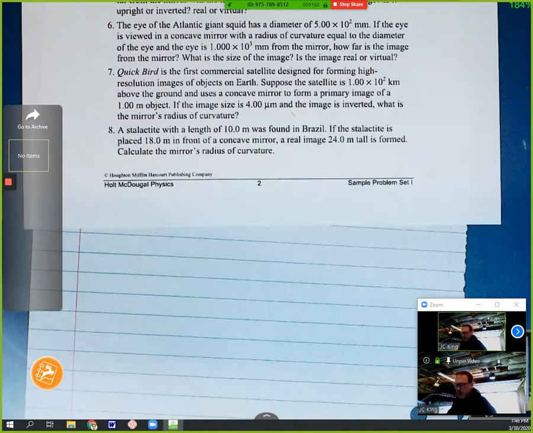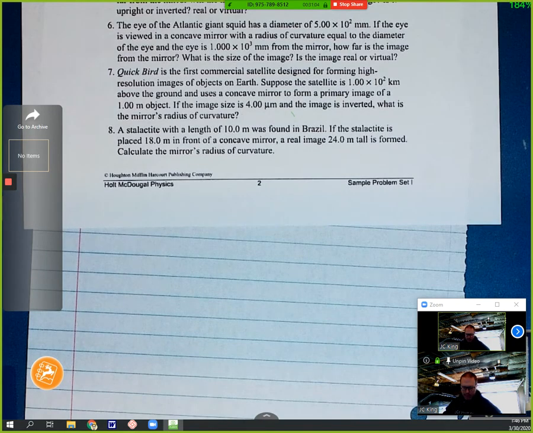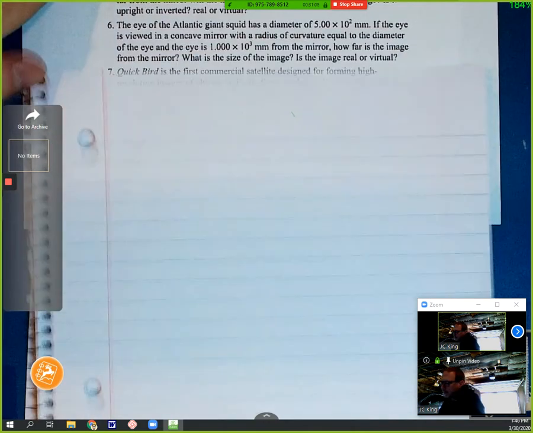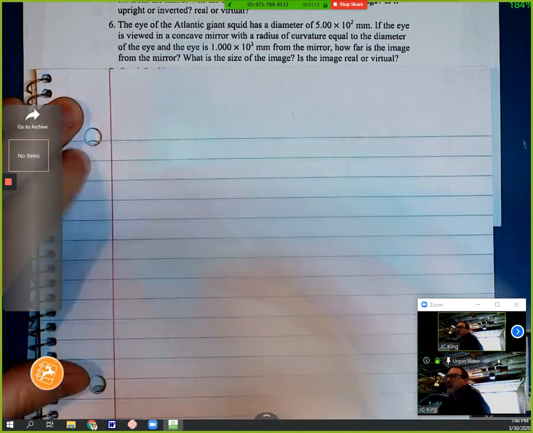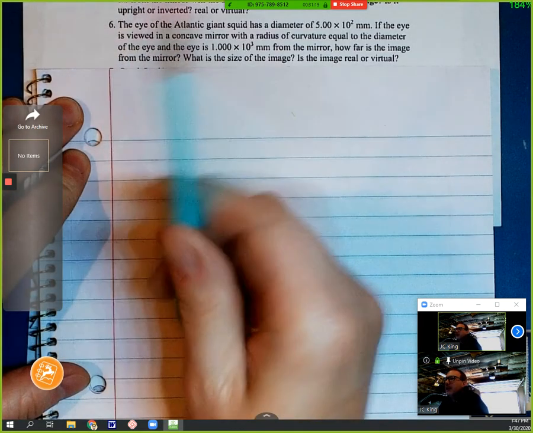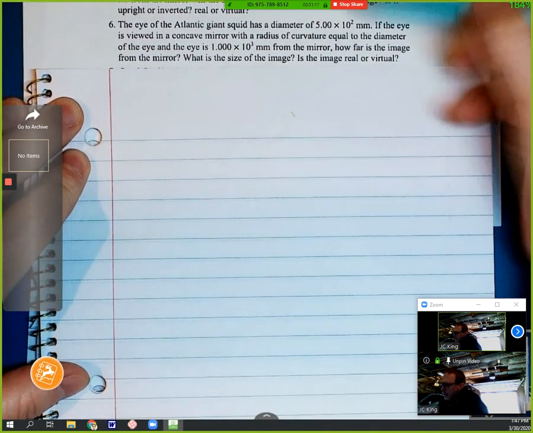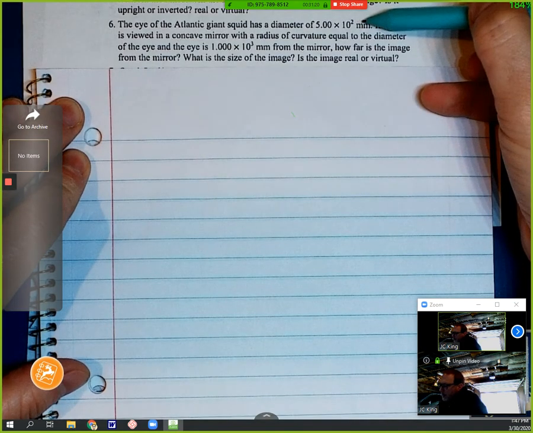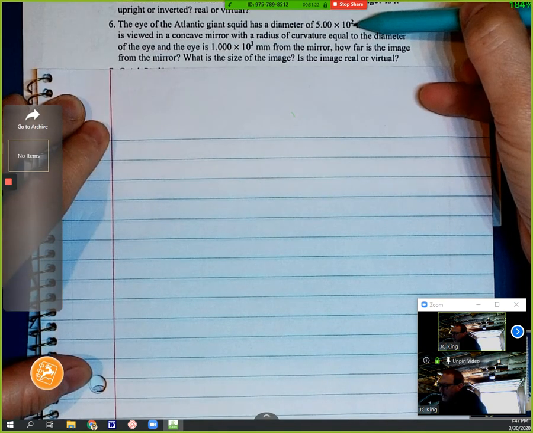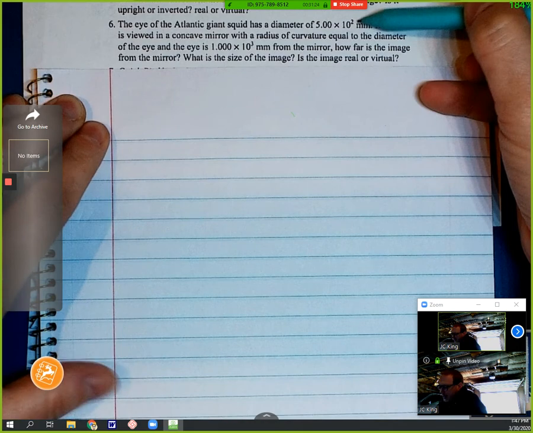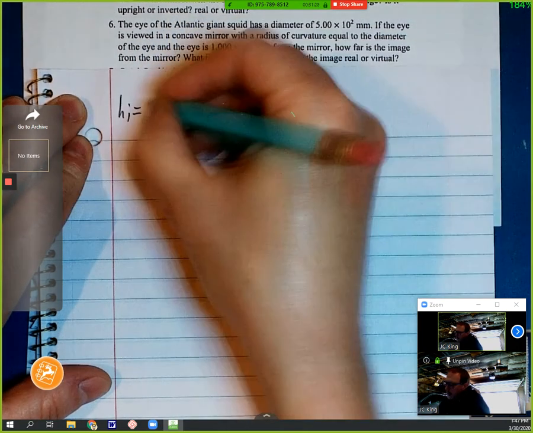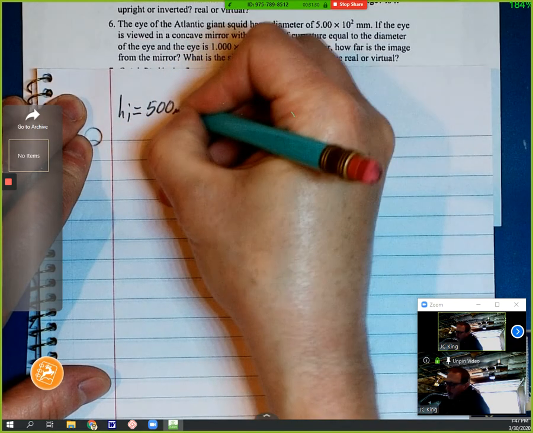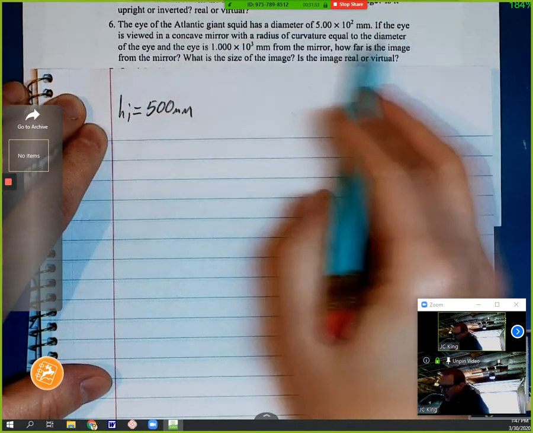Let me get a fresh piece of paper. Okay. Let's talk about this squid, and let's talk about what they've given us. This diameter of 500 millimeters, I'm going to call that the height of my object. Okay. So HI equals 500 millimeters. I hope it's okay with you guys if I go ahead and get rid of that scientific notation.